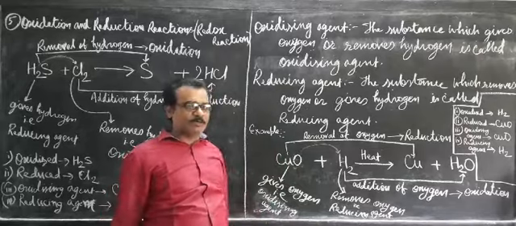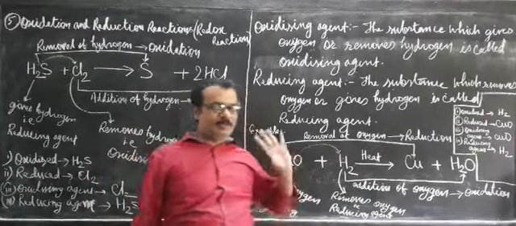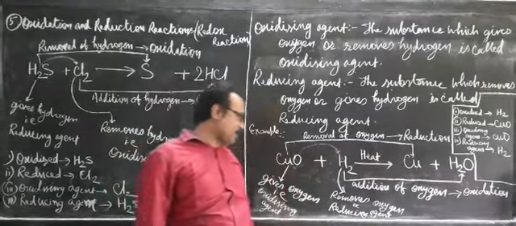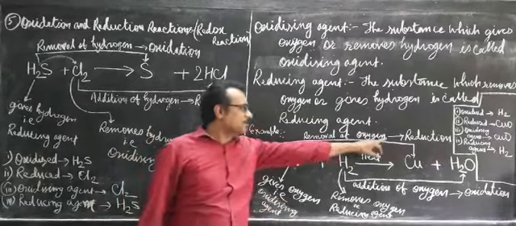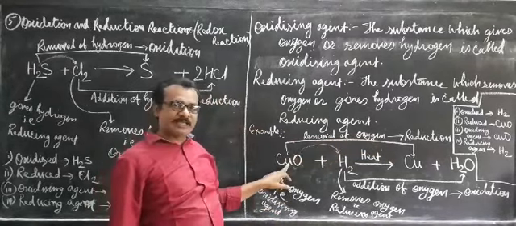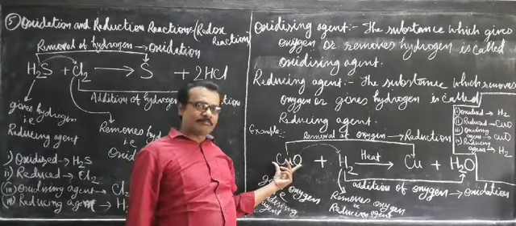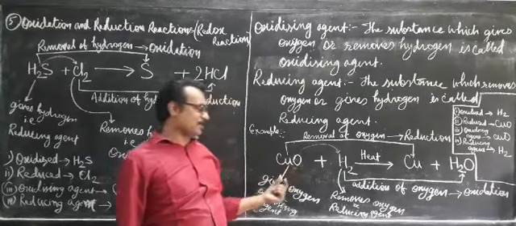During the definition, you won't be able to write this one, but you can identify very easily: anything which undergoes reduction is known as an oxidizing agent. Copper oxide undergoes reduction, that's why it is the oxidizing agent.